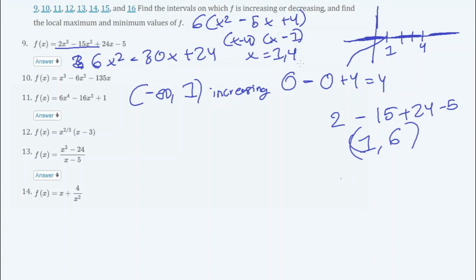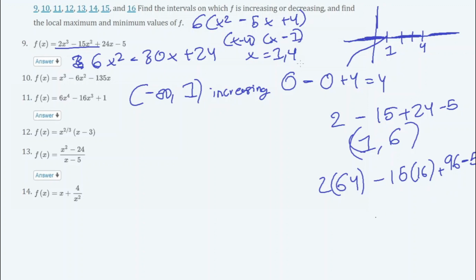And then if we plug 4 into the original equation, we're going to have 4 cubed, which is going to be 64, times 2, minus 15 times 16, plus 24 times 4, which is approximately 98, and then minus 5. Now, we might have to use a calculator for this, actually.